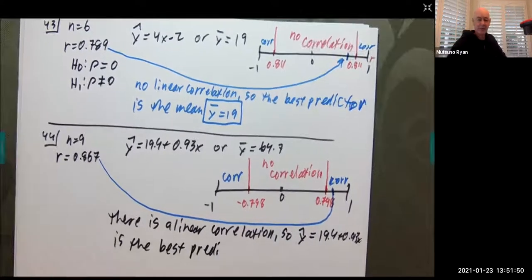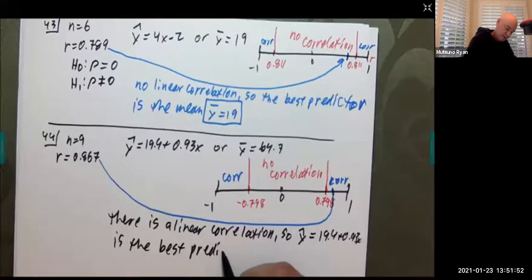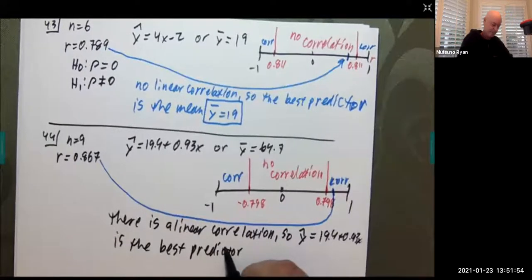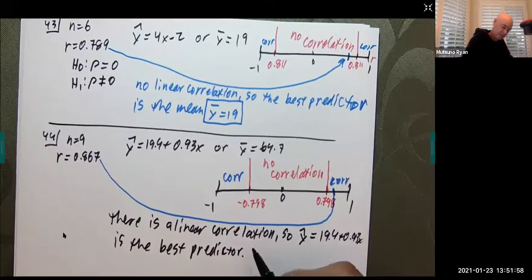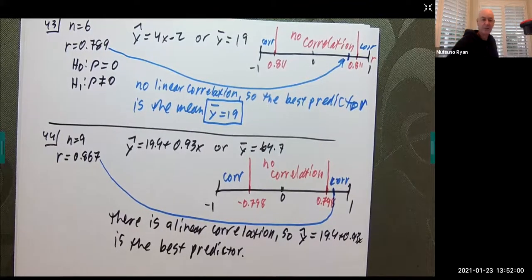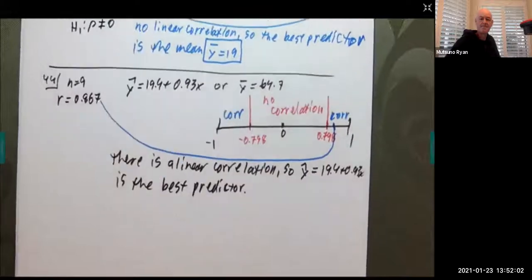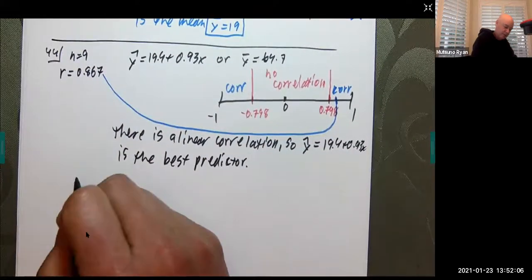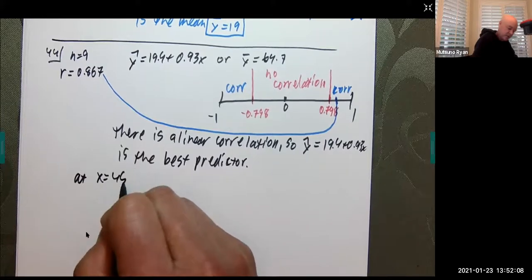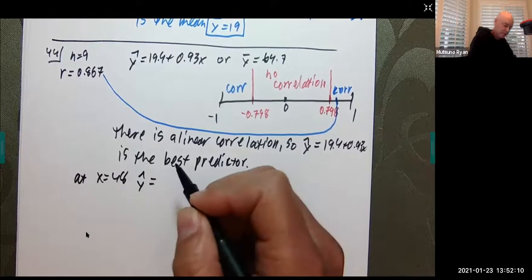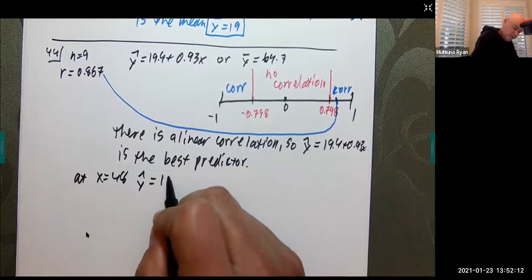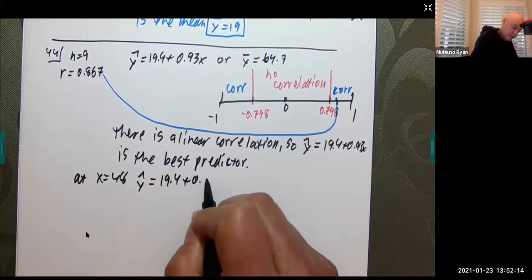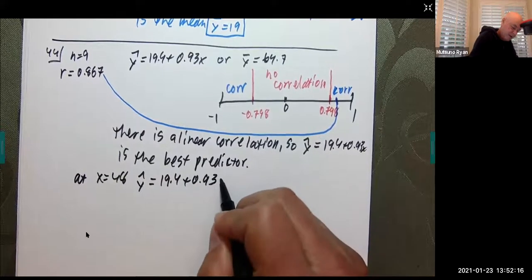Am I still on the screen? Barely. And they specifically ask us, let me move this up. So at x equals 48, y hat is going to equal 19.4 plus 0.93 times 48.